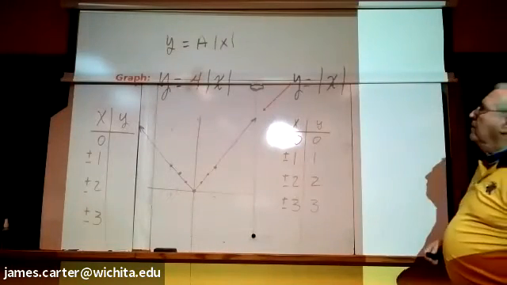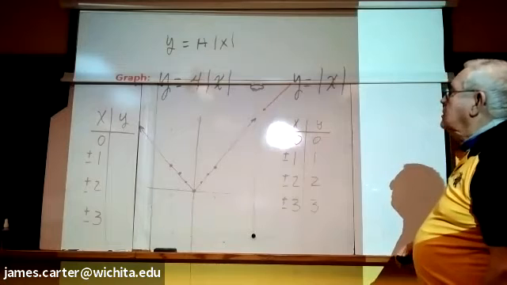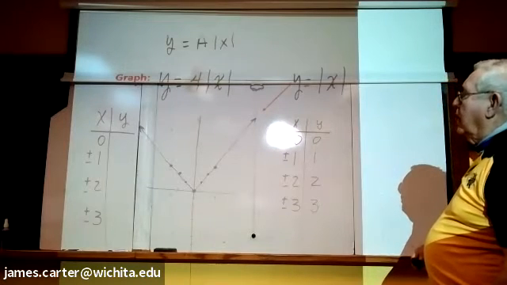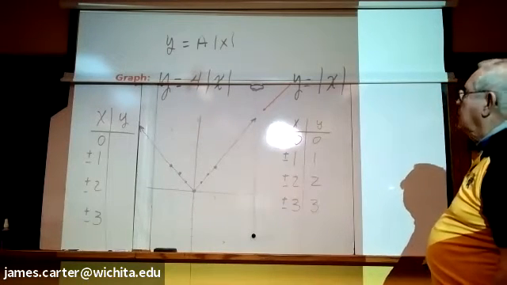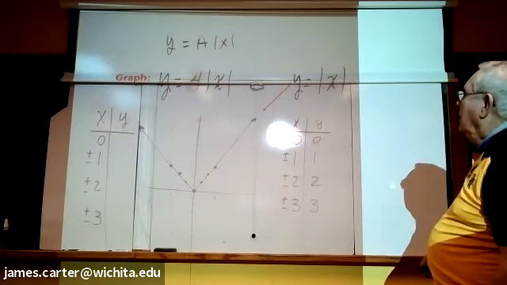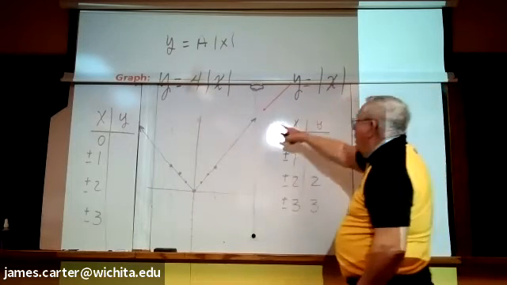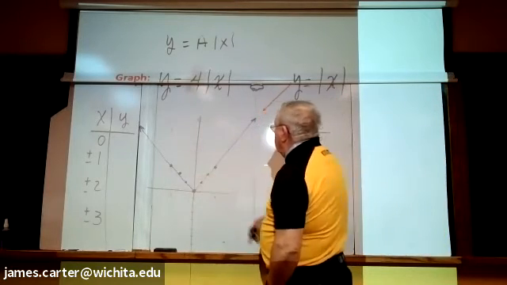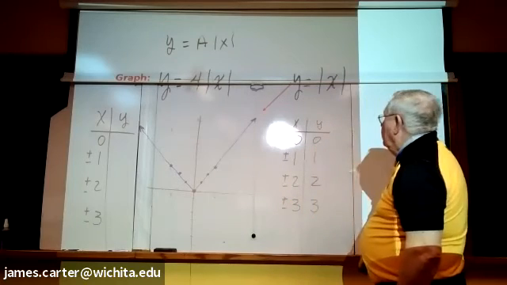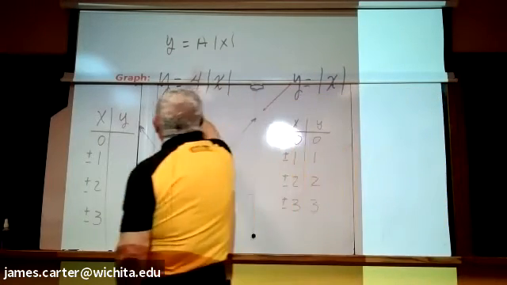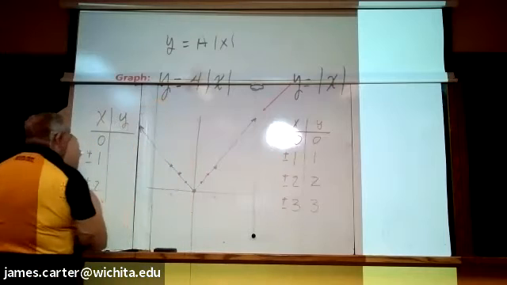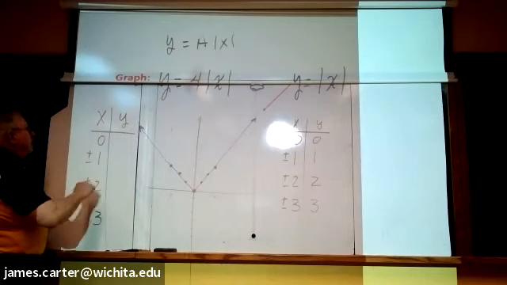Now, A equals absolute value of x, or A times absolute value of x, or 4 absolute value of x. Okay, here's the y equal absolute value of x. Now, what about 4 times absolute value of x? What would our values be on that?